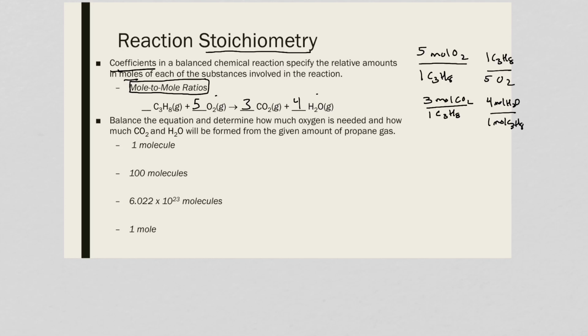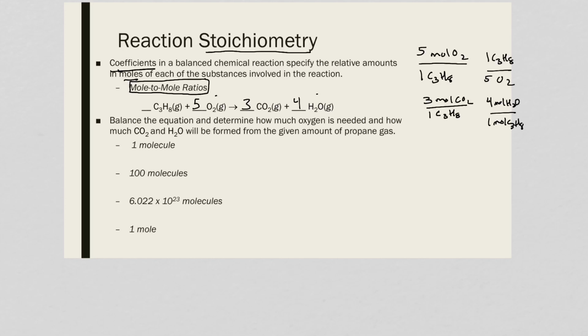It is my conversion. Right? So, for example, this here is my conversion between how much C3H8 I have and how much oxygen. Right? It's going to be 5 times as much, always. Okay? So that's the idea.